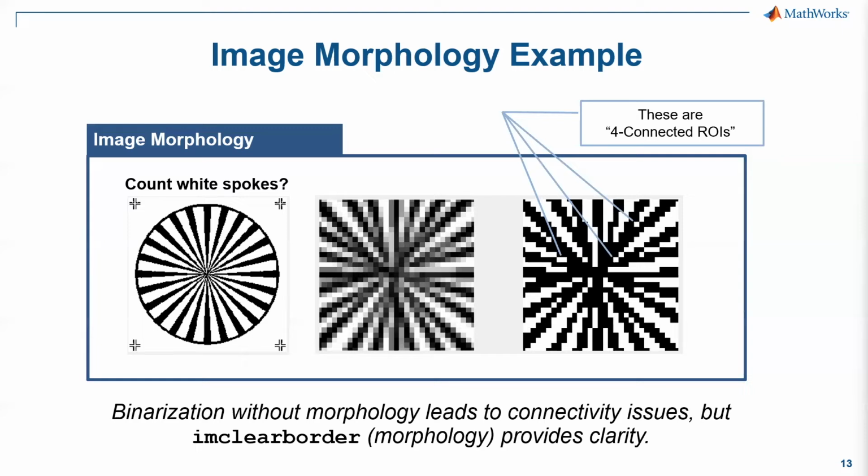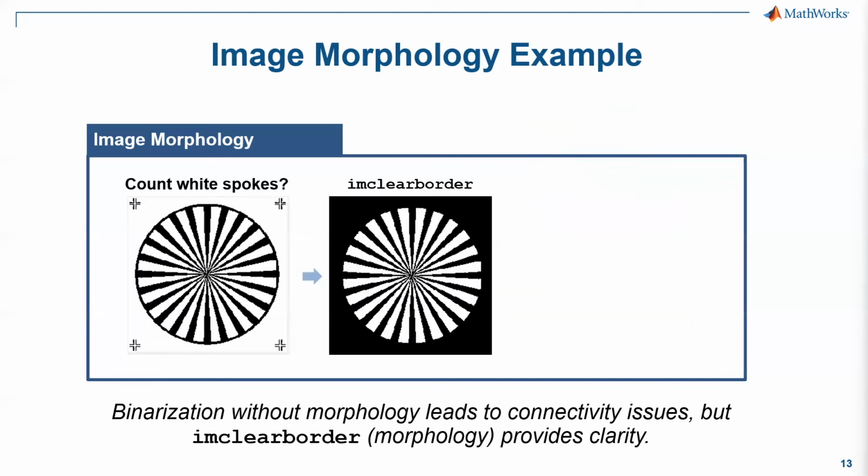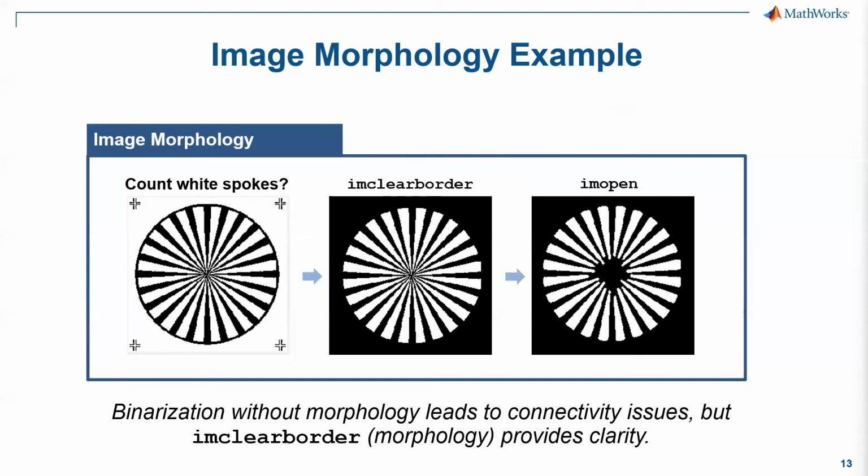In a 4-connected analysis, every diagonal of clusters is considered to be a separate region. This leads to a significant overcounting of regions. On the other hand, in an 8-connected analysis, these diagonal pixels are considered the same region, leading us to undercount the regions. If we apply the imclearborder and imopen functions, we will see a cleaner image to count the regions.